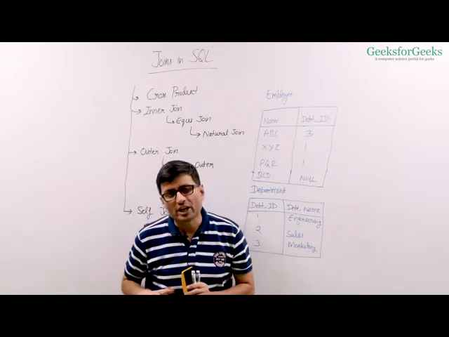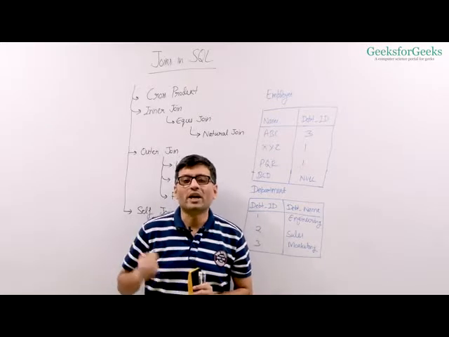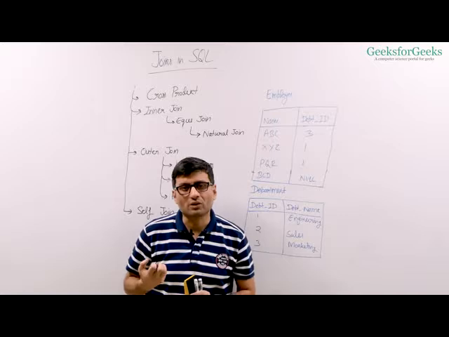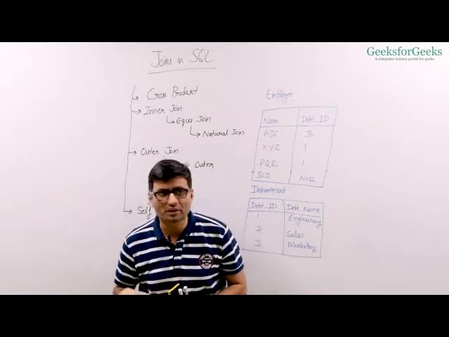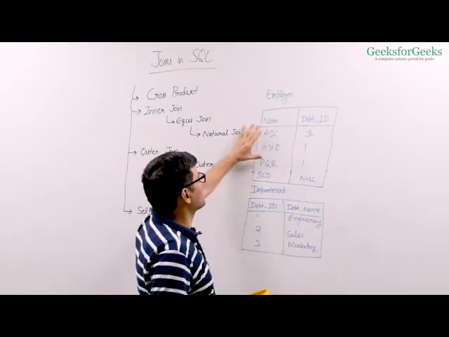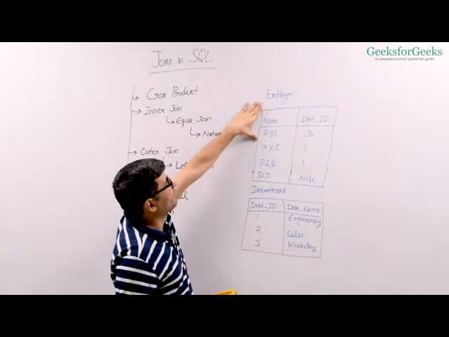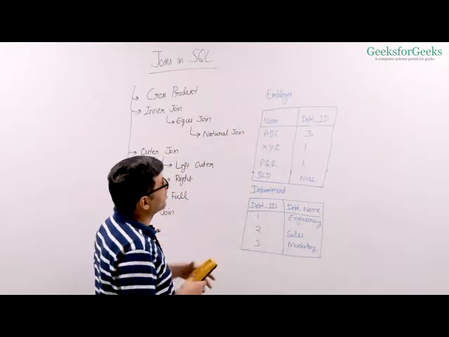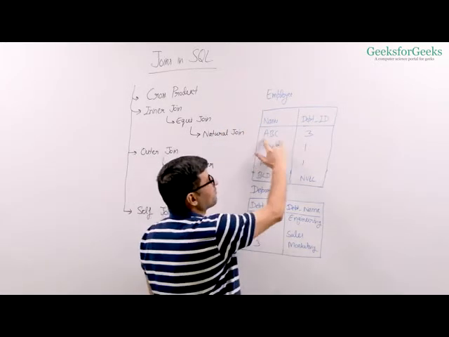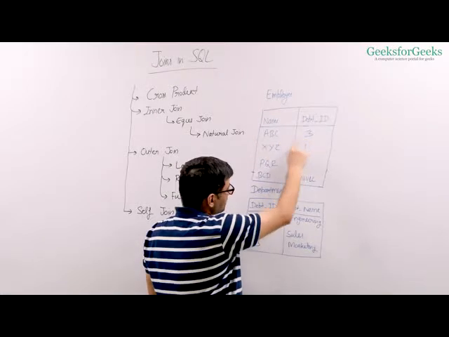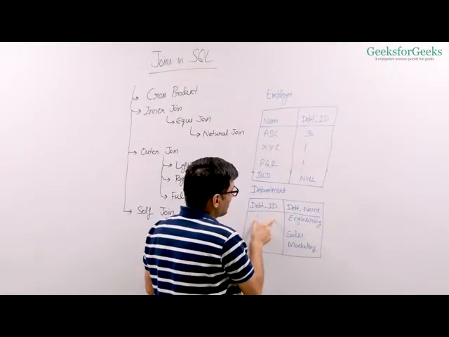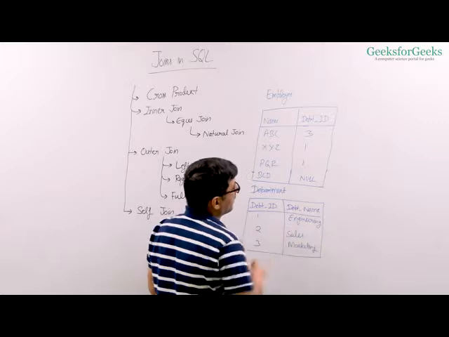When you split the data across multiple tables, it might happen that you need data from multiple tables together. For example, if you look at these tables, one is the employee table and one is the department table. In the employee table, we have employee name and department ID. In the department table, we have department ID and department name.